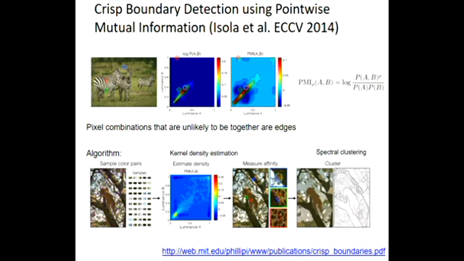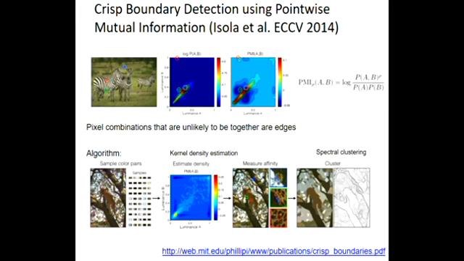And so all they do is they sample lots of pairs of pixels, do something called kernel density estimation, which is just estimating the probability of a pair of pixel values based on some local neighborhood of that feature pair. And that's the affinity. And then for every pair of pixels in a local neighborhood, they look up that probability.